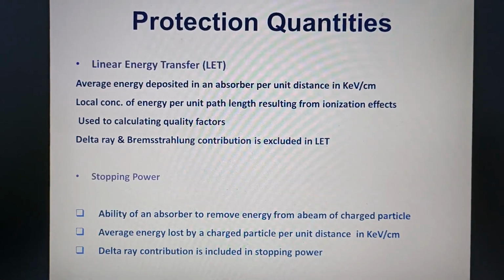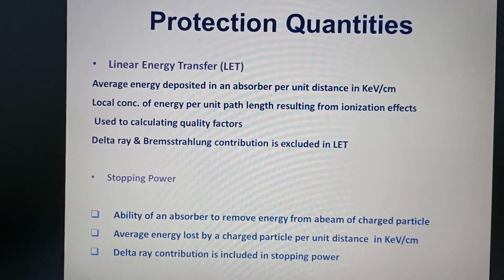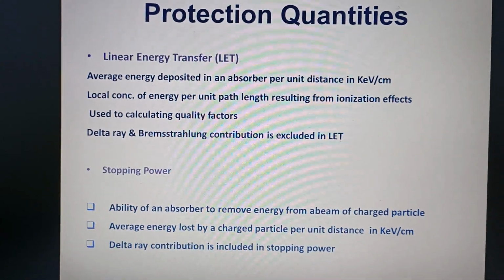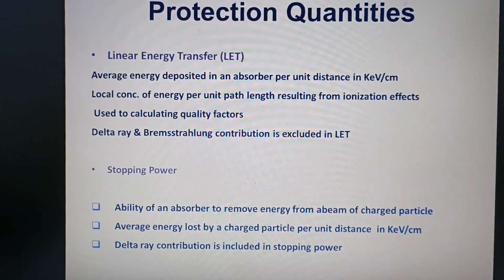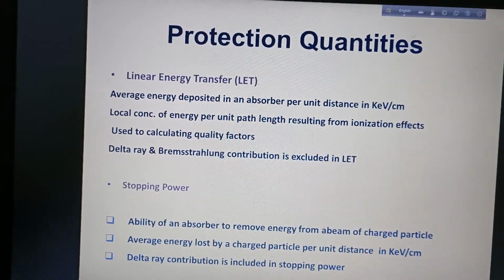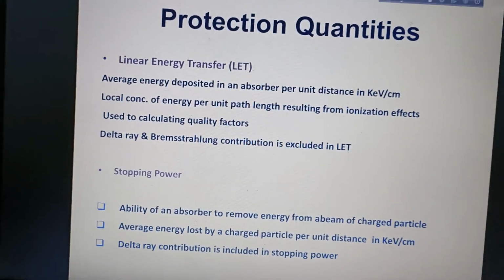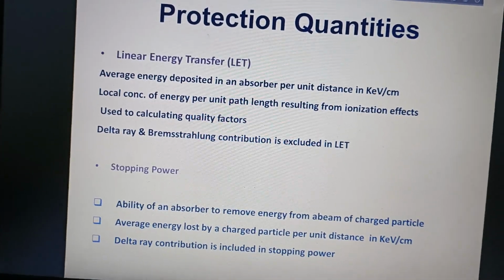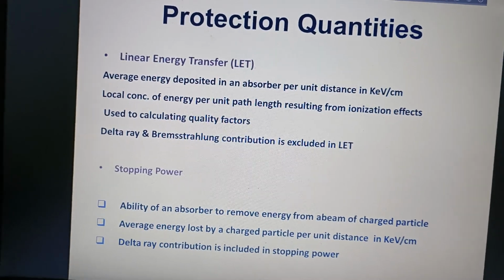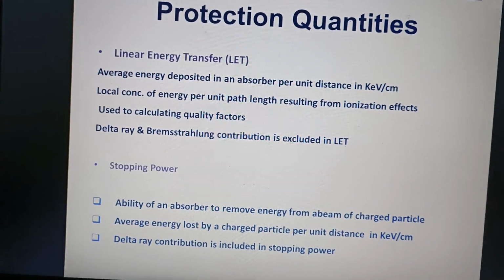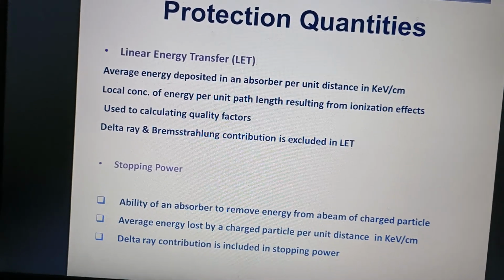Delta ray contribution is included in stopping power, but in LET, delta rays and Bremsstrahlung contribution is excluded. That is the difference between LET and stopping power. So, what is the basic difference between LET and stopping power? In LET, linear energy transfer, delta rays and Bremsstrahlung contributions are not included, but in stopping power, delta ray contribution is included.